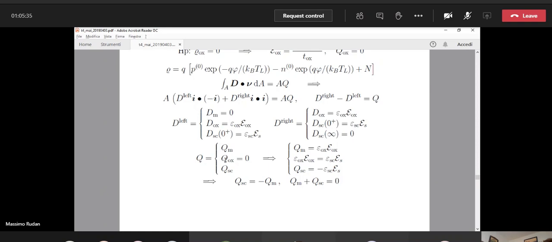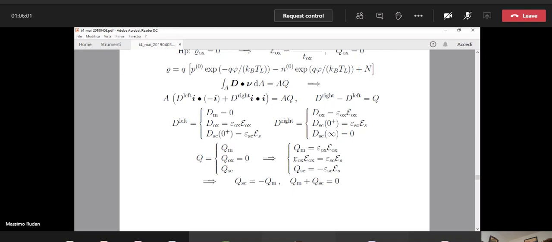So when we impose this equality here for cylinder number 1, 2, and 3, we obtain this relation for cylinder 1, this relation for cylinder 2, and this relation for cylinder number 3.